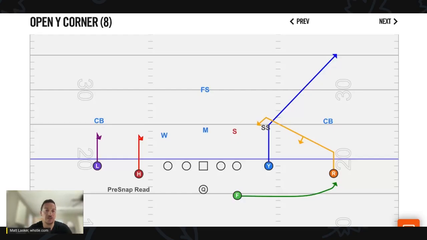Okay, so as always, when we start off with our quick game plays, we have our quarterbacks come to the line. And even though we've called Y corner to the right side of the field, the concept side, we look backside initially, and if either one of the quarterback's backside receivers, this L and H, are uncovered 7 yards or more, the quarterback has been instructed to snap the ball and fire that ball out to that receiver as quickly as possible.